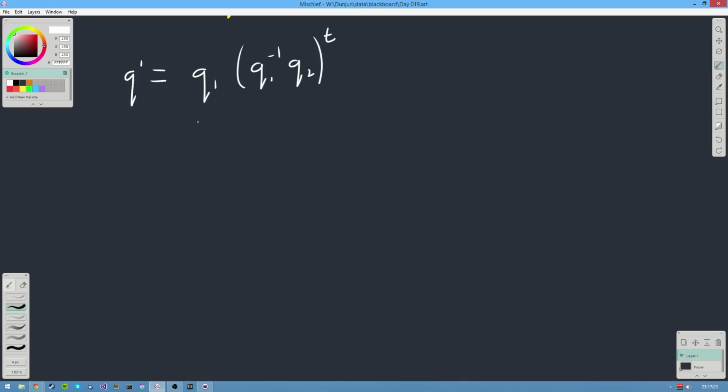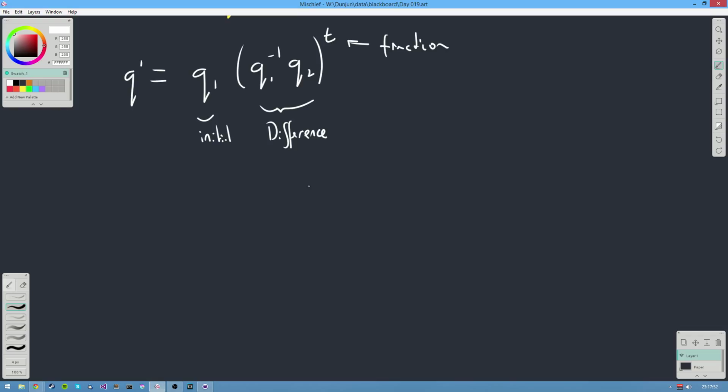This is your initial rotation, this is your difference, and that is your fraction along that line, kind of this rotation, yeah? So it's very, very similar to the linear interpolation, but it's slightly modified.